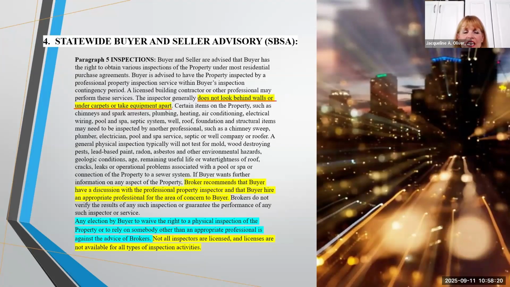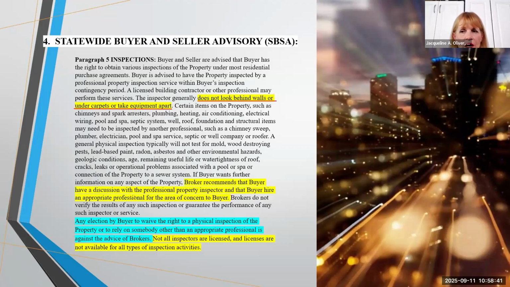And so the broker, in the next highlighted section, may recommend that you have an appropriate professional for an area where the home inspector says you need to inspect further into the drainage or the plumbing or the electrical.